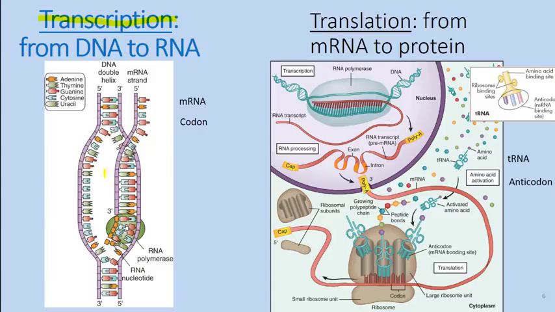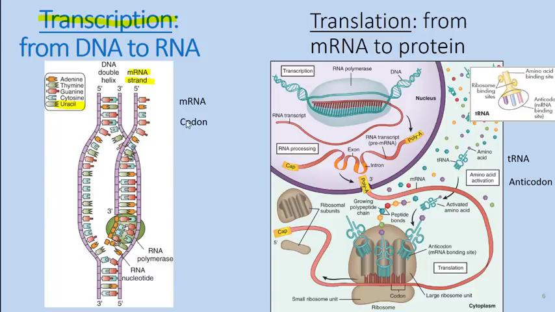So in the nucleus, what ends up happening is a particular segment of DNA, which we would call a gene, is going to be made into a copy, and that copy of that genetic information from that gene is going to be in the form of mRNA. I'd like to remind you that mRNA or RNA possesses the base uracil instead of thymine.